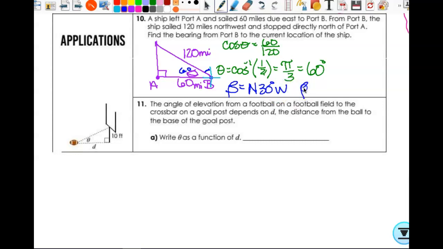Or I could do the bearing as a true bearing, which starts from true north and goes which direction? Clockwise, so I would go all the way around to here. I can think about it as adding as I went around, but really I went almost all the way except for that 30 degrees. So it could also just be a 330 degree bearing without a direction. Okay. Questions about that?